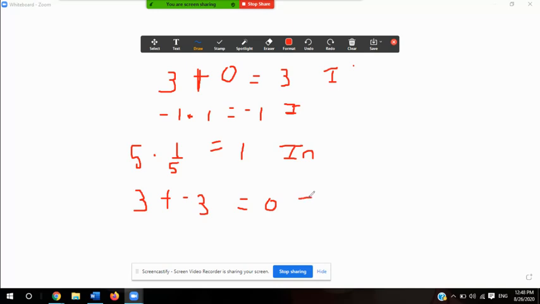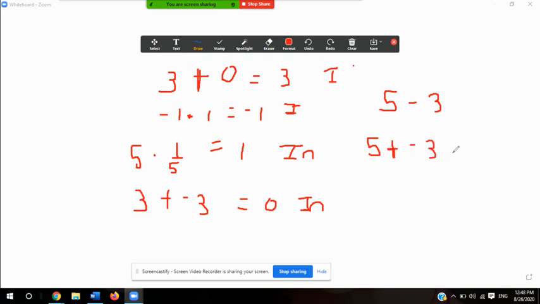And always remember in algebra that the opposite of adding is subtracting. For example, if I have 5 minus 3, which I know is going to equal 2, and I add 5 plus negative 3, I'm going to get the exact same answer.